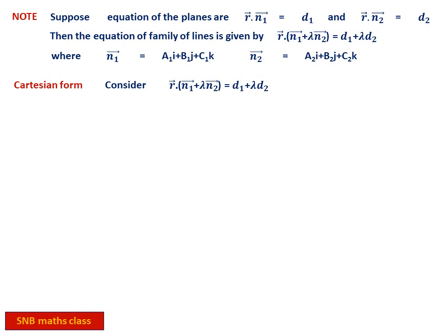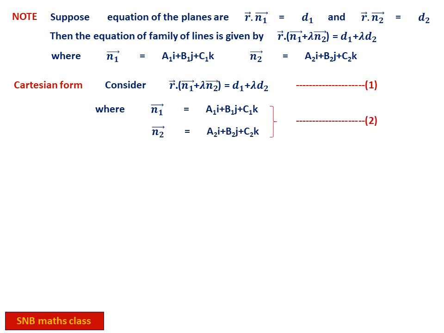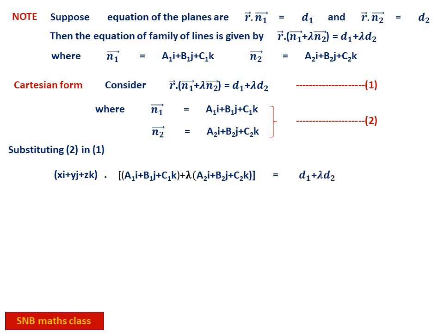Consider this equation, r dot (n1 plus lambda n2) equal to d1 plus lambda d2. Now, n1 is a1i plus b1j plus c1k, and n2 is a2i plus b2j plus c2k. Let us say this is equation 2, the values of n1 and n2. Now substitute this in equation 1. What do we get? xi plus yj plus zk, because r is xi plus yj plus zk, dot (a1i plus b1j plus c1k plus lambda times a2i plus b2j plus c2k), and this will be equal to the right side d1 plus lambda d2.